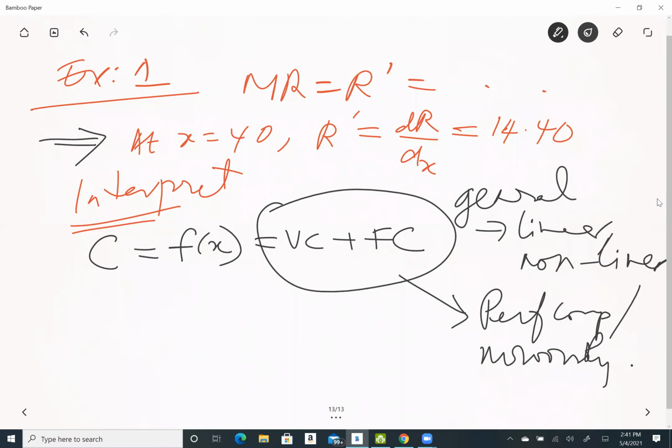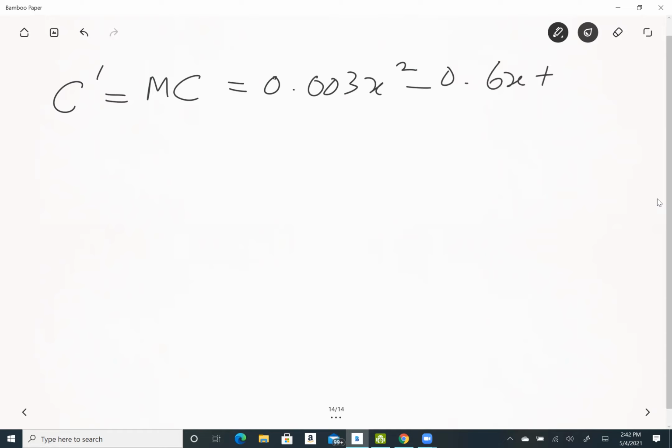To get the marginal cost, you take the derivative. C prime equals the marginal cost. Take the derivative of that function. What do you get? You get 0.003x, I think, since you have a cubic function, it's quite easy to do the derivative. Then you get 0.6x plus 32. So that is your marginal cost.